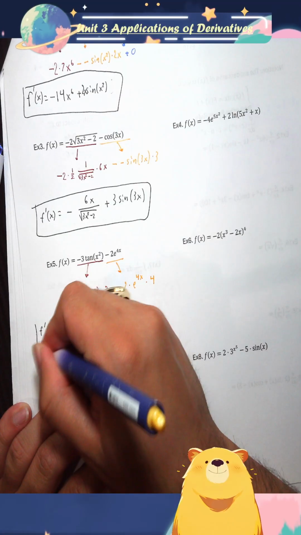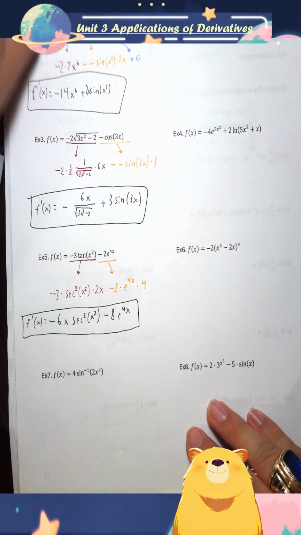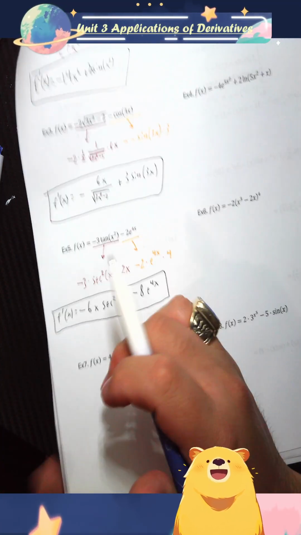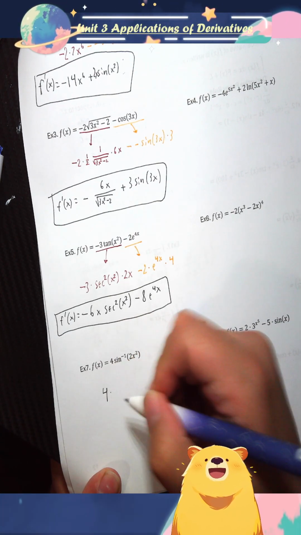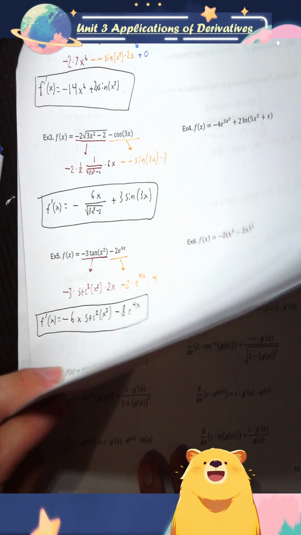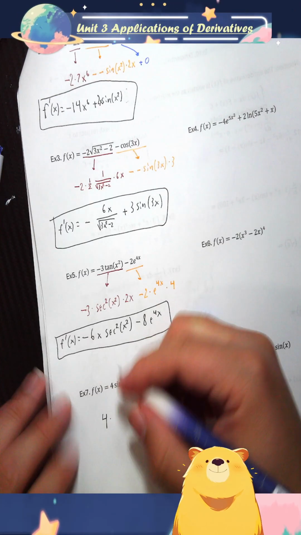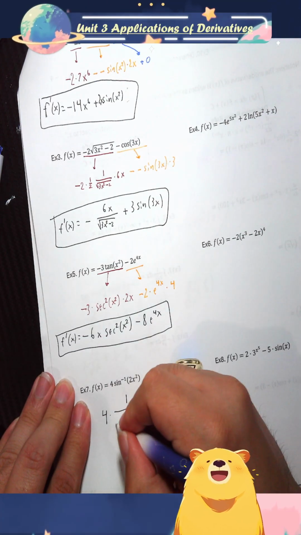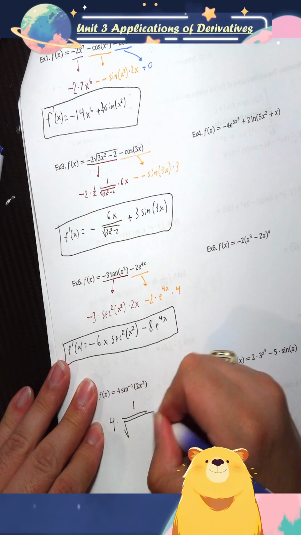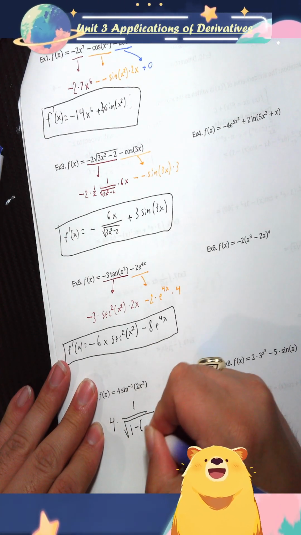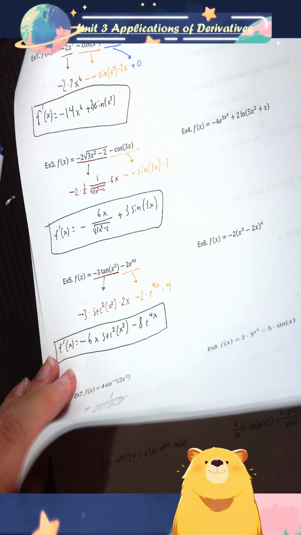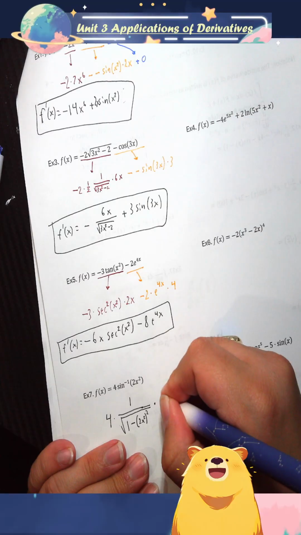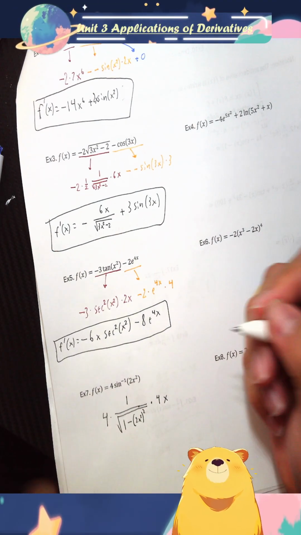Okay. Right, then over here, well, there's not really any point in doing this piece by piece. We got 4 times the derivative of sine inverse, which is just 1 over the square root of 1 minus parentheses 2x squared squared, and then times the derivative of the inside of that, which is just 4x.